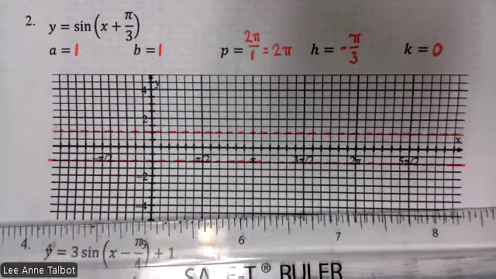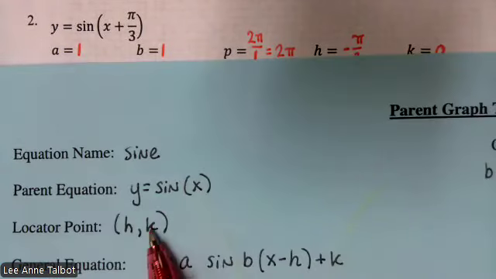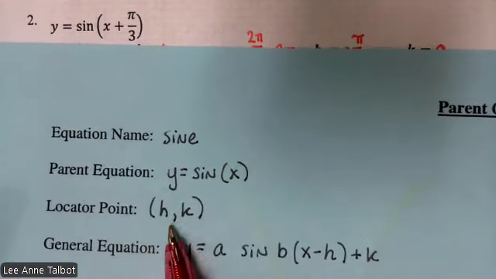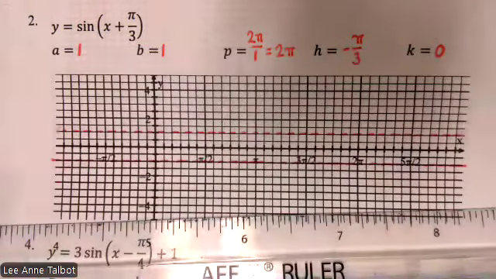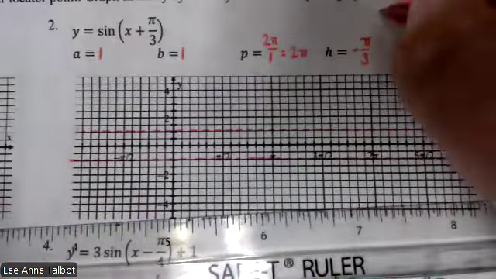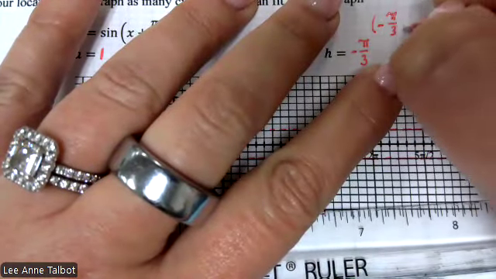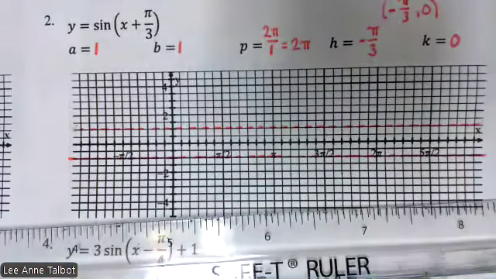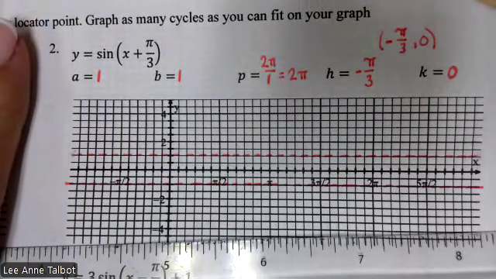Okay, now what I want my paper for really is 2 things. I want it for the locator point and I want it for the general shape. Locator point for sine, because look at the problem I'm working with sine, is HK, which is negative pi over 3 comma 0. And the reason I wanted to help you with this problem is it's hard to locate negative pi over 3 on this graph paper.